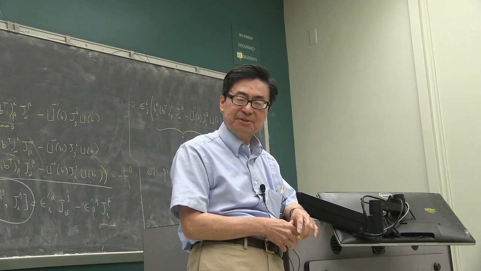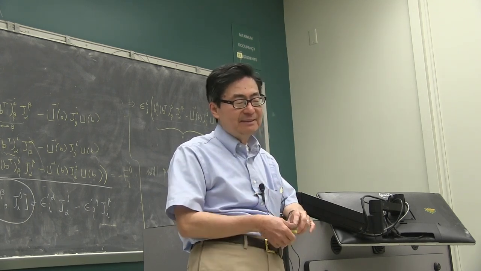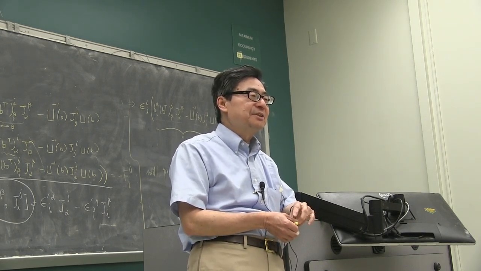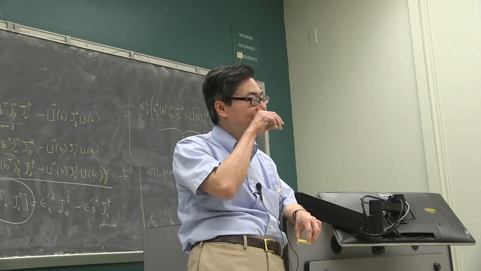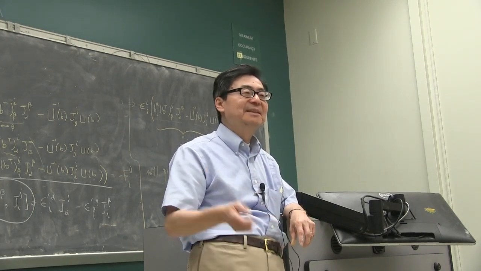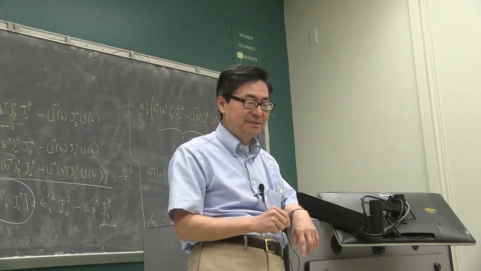Interesting story about Professor Okubo. He was Japanese-American, so his physics and math was excellent. But he spoke English with a heavy Japanese accent. And he would be doing something like I'm doing here, except that he would be doing it much faster.